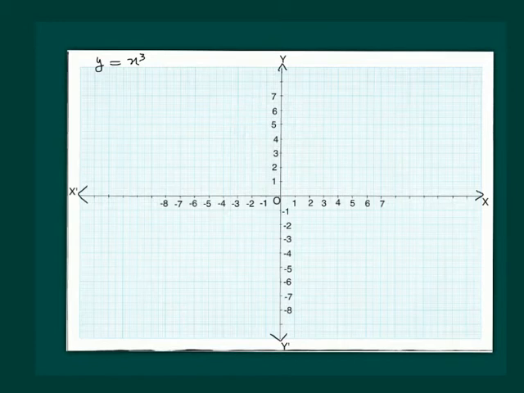Then corresponding to x equal to 0, y equal to 0, x equal to 1, y equal to 1, x equal to 2, y equal to 8, x equal to minus 1, y equal to minus 1.